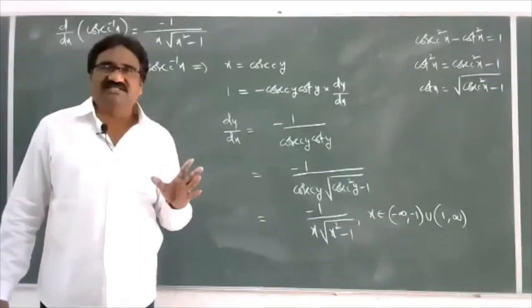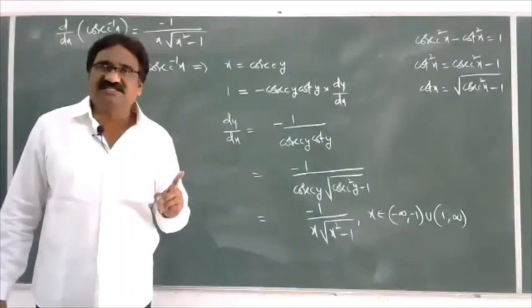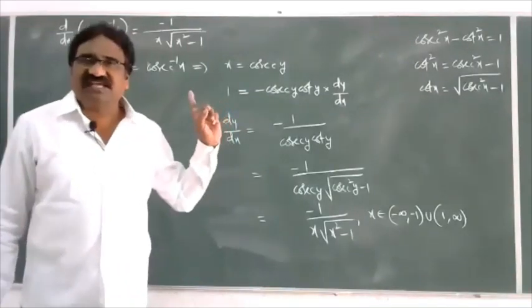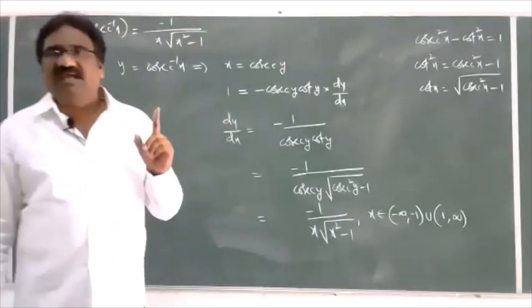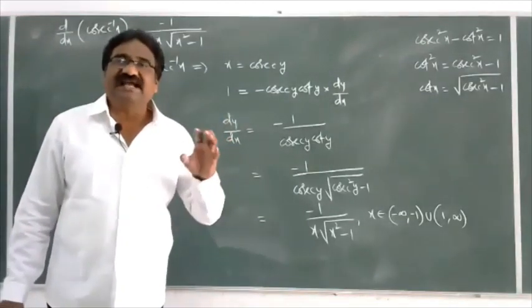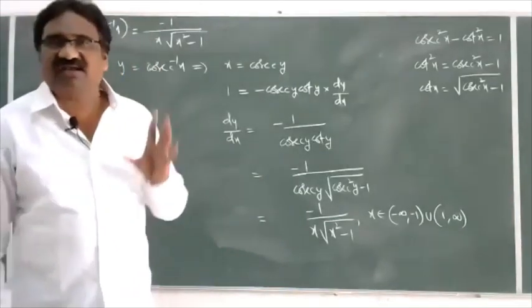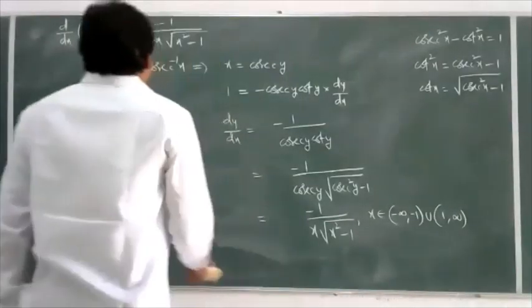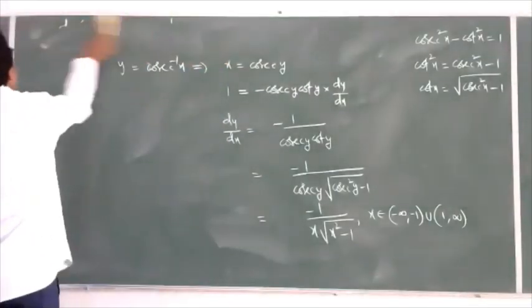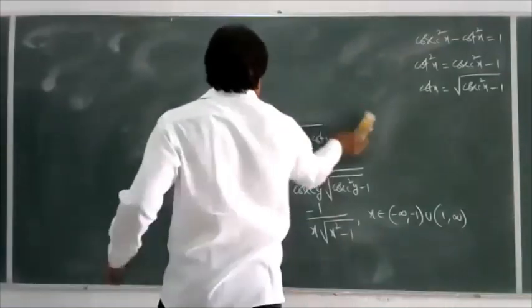The derivative of cot inverse x is minus 1 by 1 plus x square. The derivative of secant inverse x is 1 by x into root of x square minus 1. The derivative of cosecant inverse x is minus 1 by x into root of x square minus 1. So these are the six inverse trigonometric functions differentiation formulas.